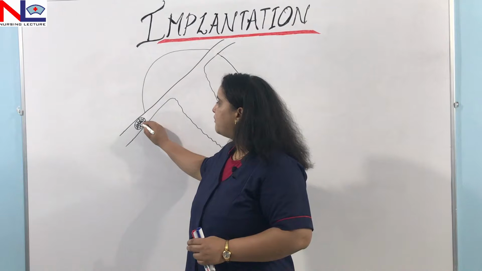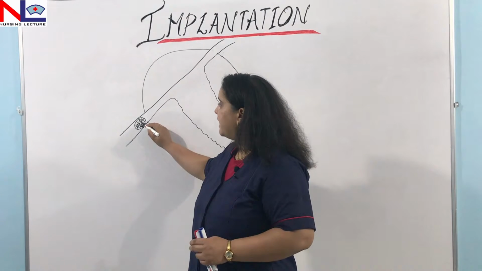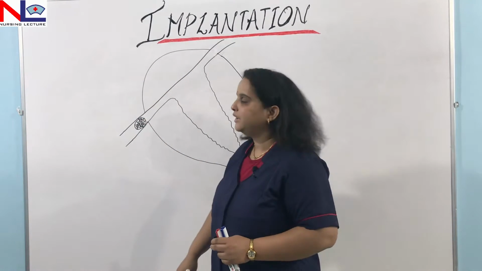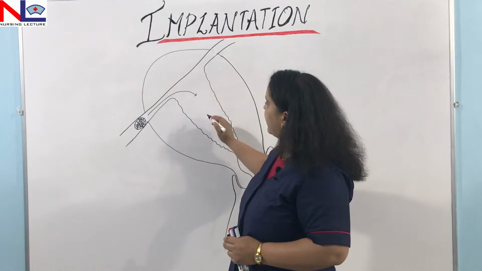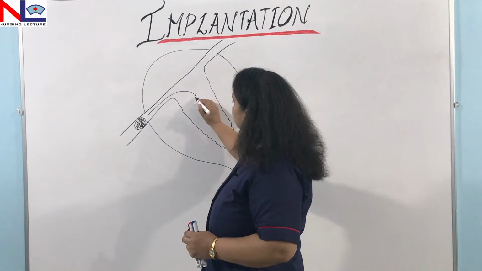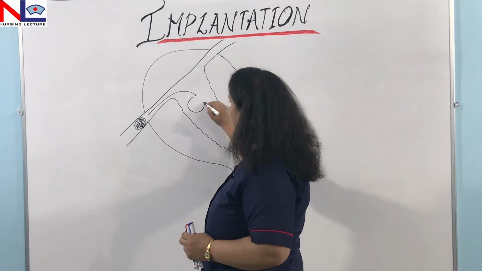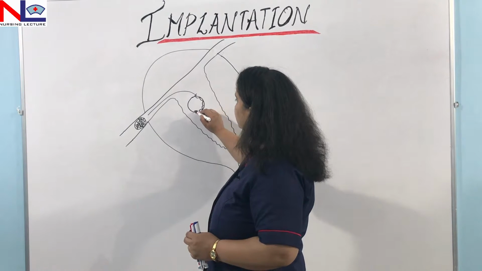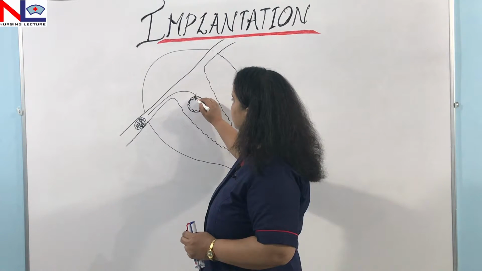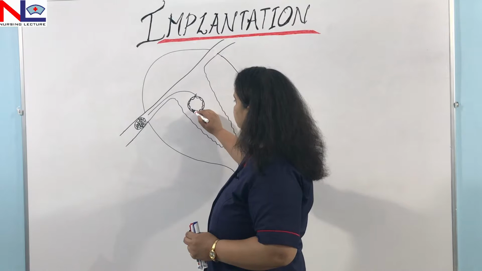After the morula spends 3 days in the uterine tube, it moves toward the uterine cavity, and here the morula differentiates by forming a ball like structure called the blastocyst.